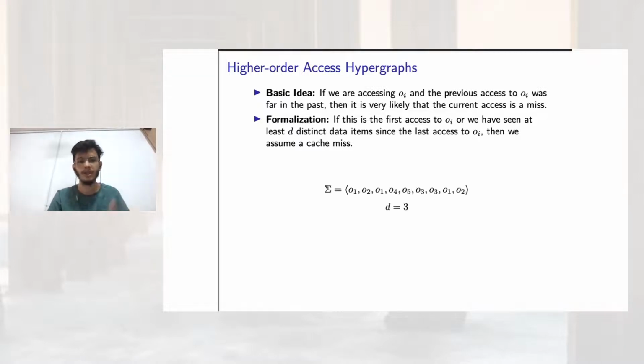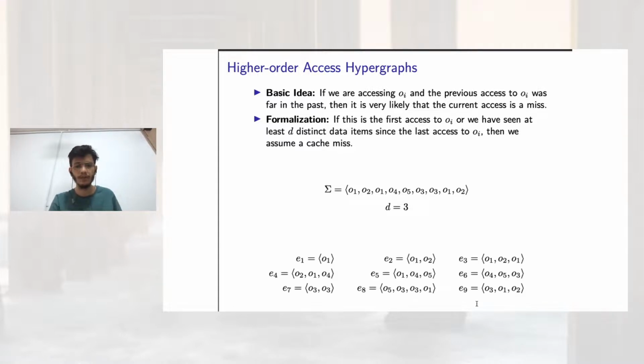For example, assume that sigma is the access sequence and d is equal to 3. We have E1 for the first access, E2 for the second, E3 for the third, and so on.